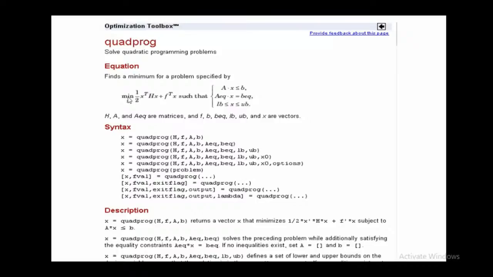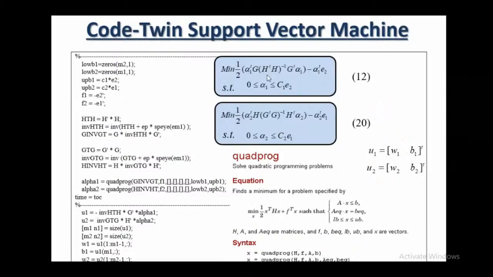You notice that alpha 1 transpose is nothing but your x transpose, and this is your h, and again this is alpha.